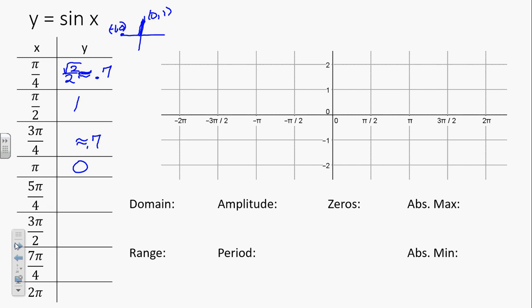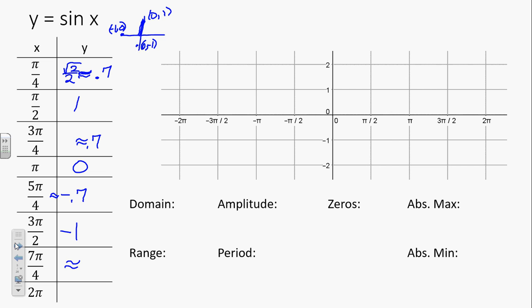5 pi over 4, 45 degrees in the third quadrant. A negative 0.7. About. 3 pi over 2. Negative 1, right? Because we're 0 over and 1 down, and the y value is negative 1. 7 pi over 4. 45 degrees in the fourth quadrant.